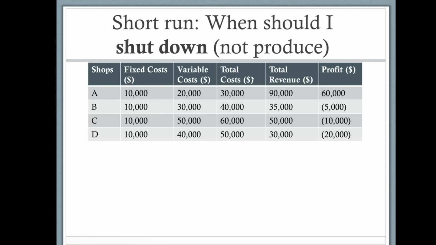Together they have the total costs, and these are the total revenue. If you use the total revenue minus the total cost, then you will find the profit. For shop A there's a profit, and for shop B, C, and D, they are making a loss.